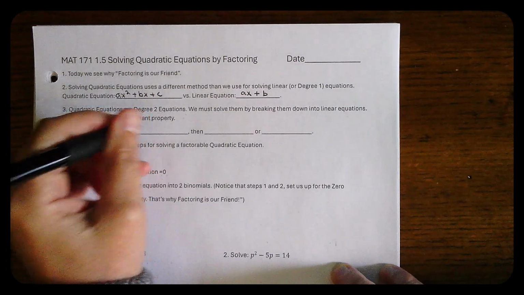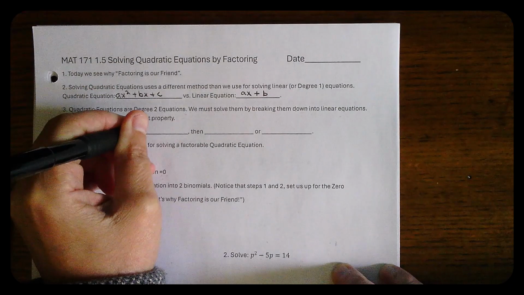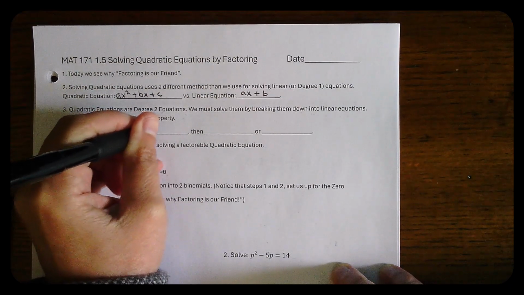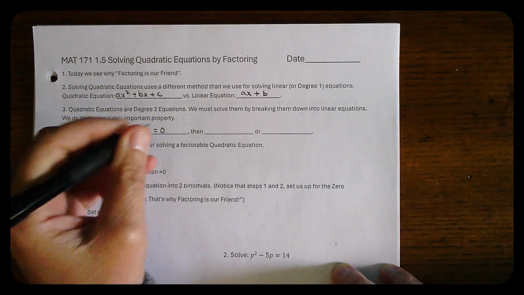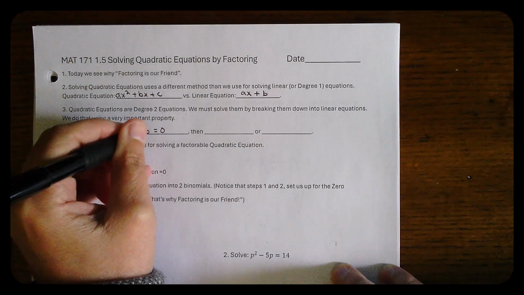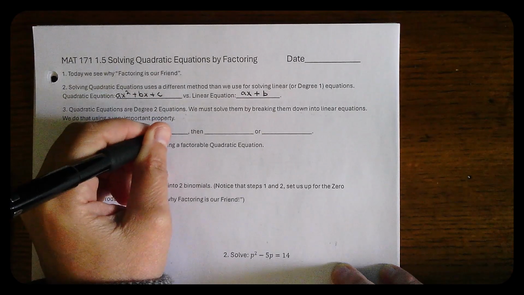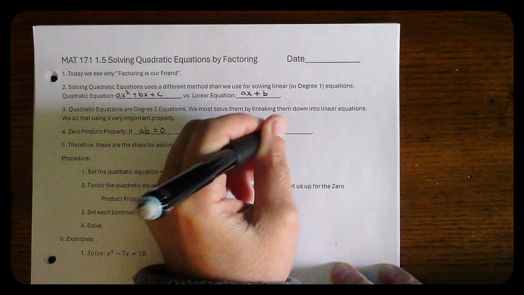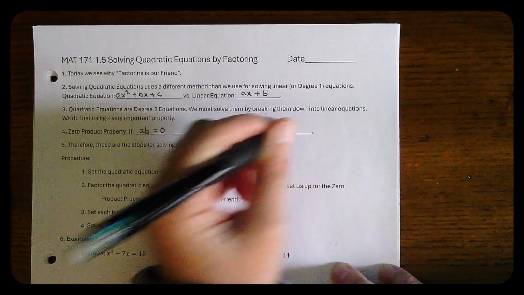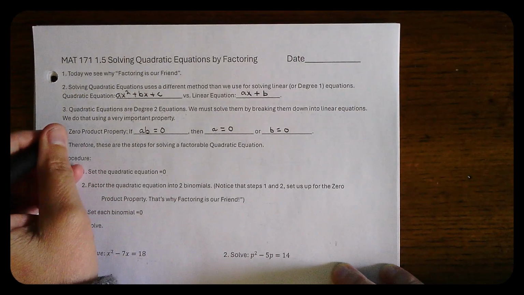So the zero product property says that if you have two numbers multiplied together, some number A times some number B, and it equals 0, then the property of 0 means that the only way the answer can be 0 is if either A equals 0 or B equals 0. So that's the zero product property. That's the property we're going to use.